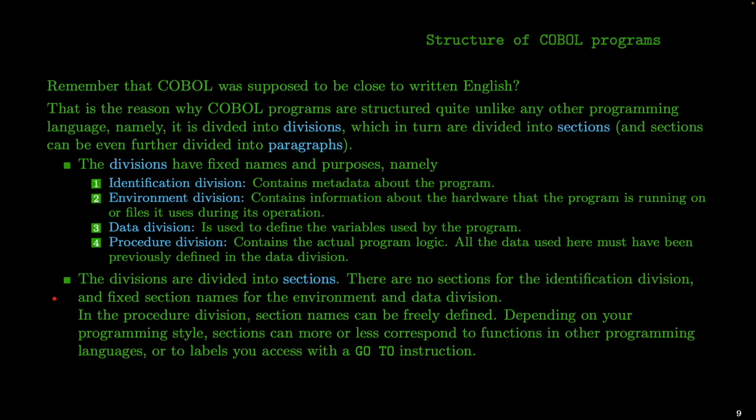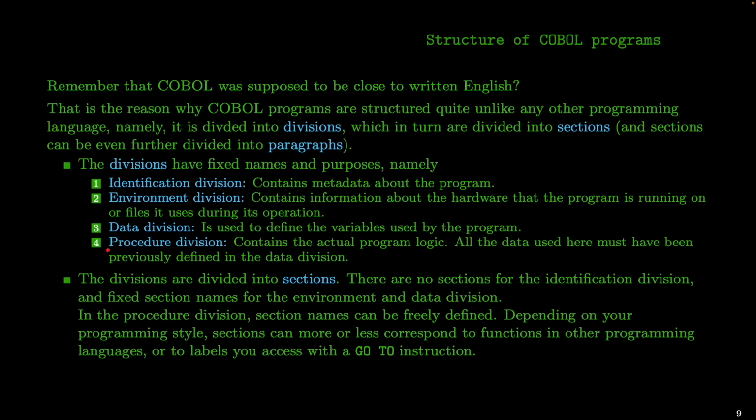Now these divisions can further be subdivided into sections. For the identification division, there are no further sections, but there are for the environment and data divisions, and they have fixed section names, which we will have a look at in a minute.